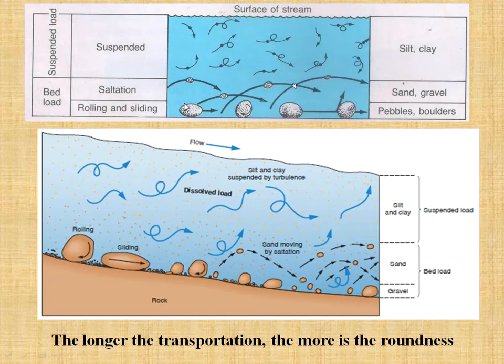So they are moving along the bed of the river, and the heavier ones like the boulders and the pebbles, they move by rolling, sliding. And some smaller ones, they move by saltation. That means they get picked up, they travel for some time, they are in suspension, then again they settle down, then again they jump over. So they keep on moving like a frog. So that is saltation, jumping.